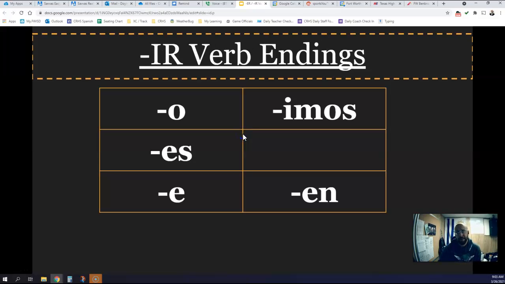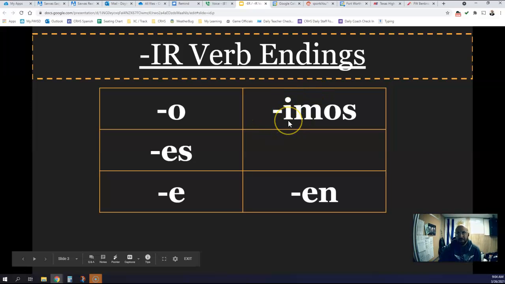For our IR verb endings, we're going to change one slight thing. See if you can pick up on it. Our IR endings are o, es, imos, en. This is our change right here.